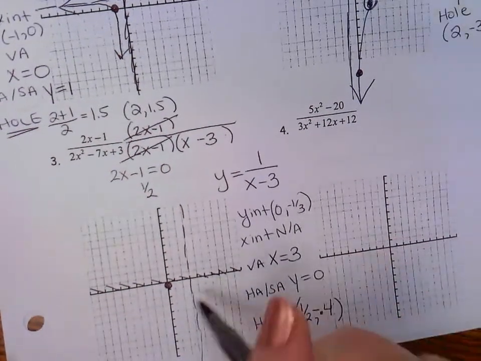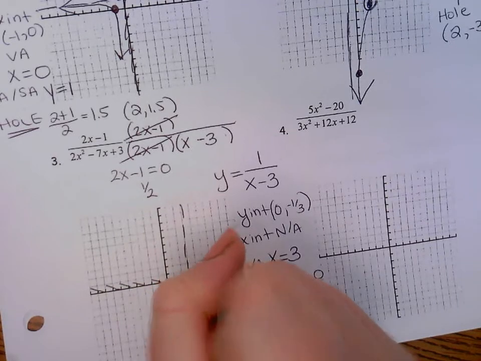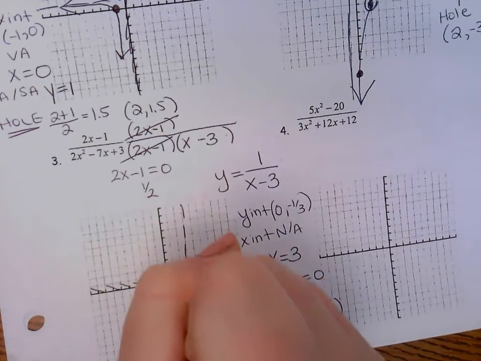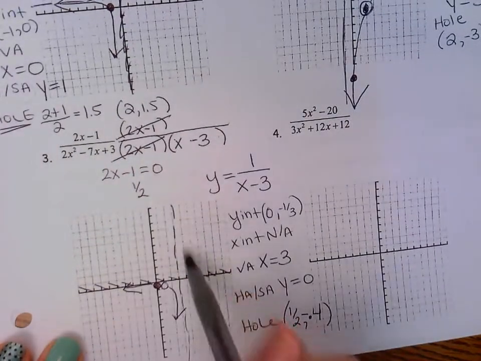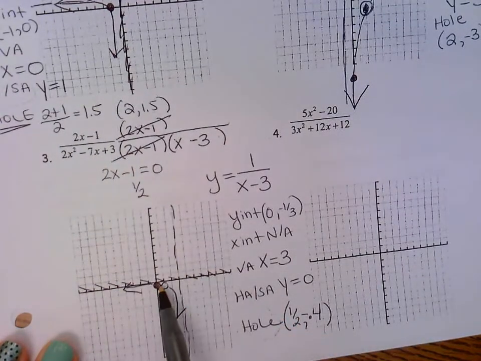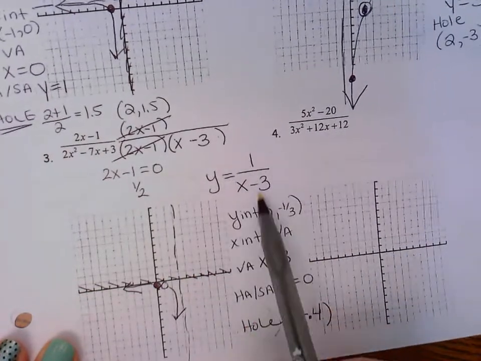So at 1/2, I have a hole at negative 0.4. So this is stretching this direction, it looks like. This is probably going in this direction. If I plug in the point 1, 2, 3, 4 up here, I get 1 divided by 1, which is 1.